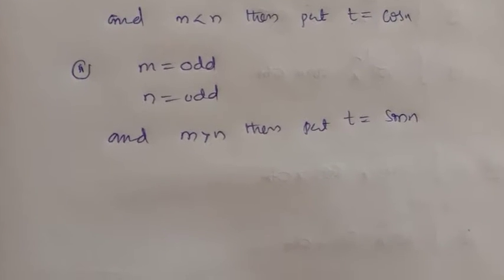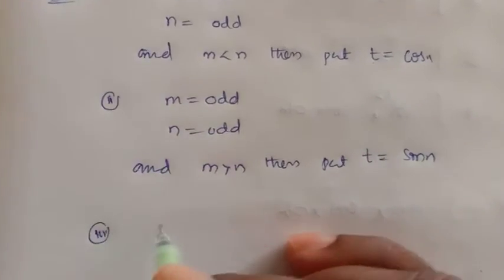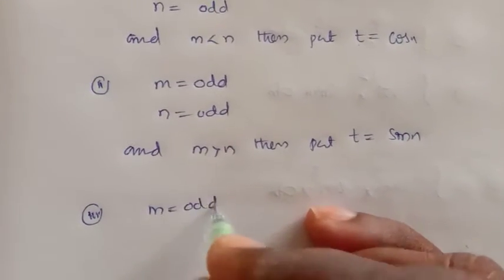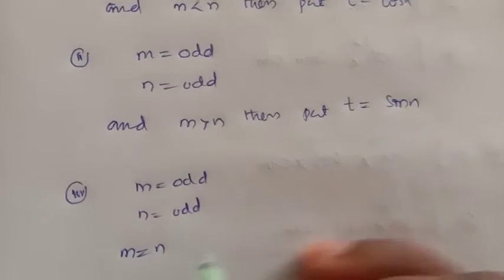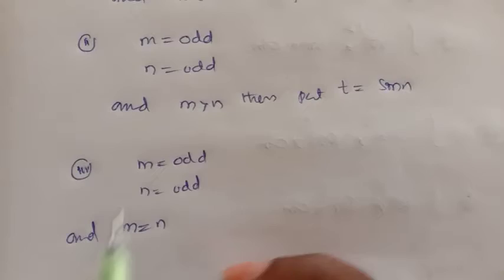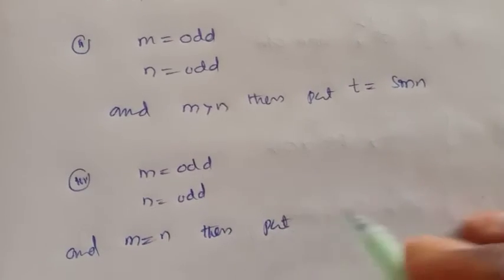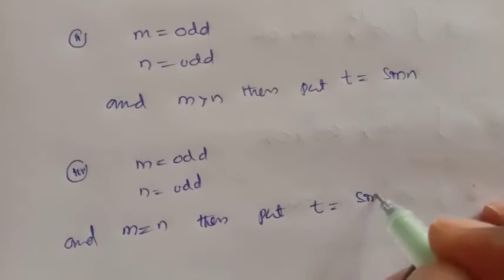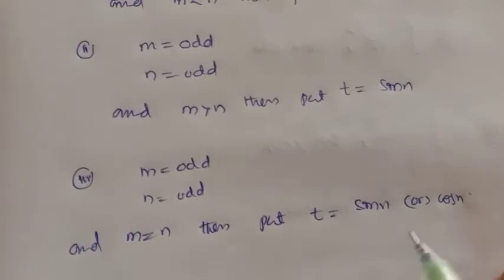Then put t equal to sin x. Here we have third condition also. M is odd number and n is odd number and m equal to n. Then we put t equal to sin x or cos x.